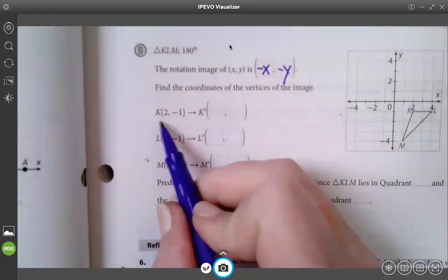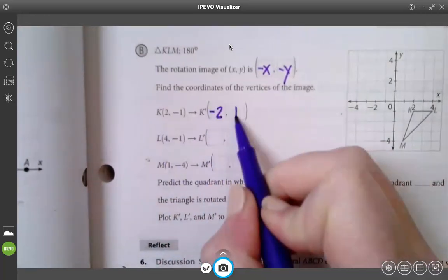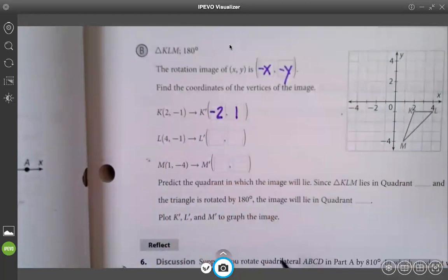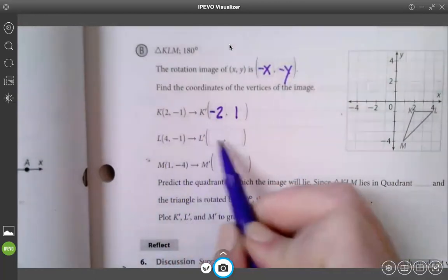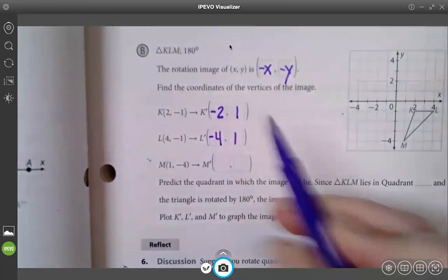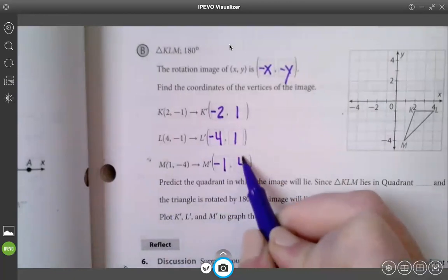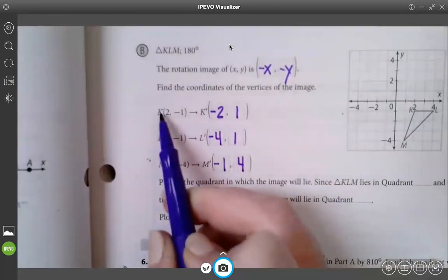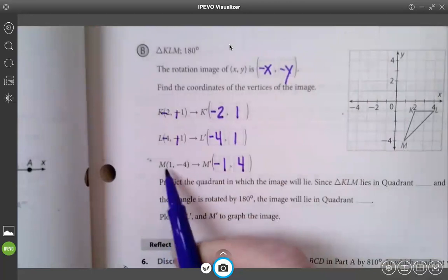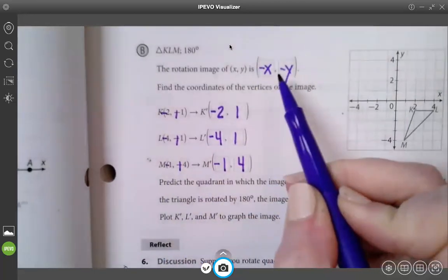So 2, negative 1 would become negative 2, positive 1. 4, negative 1 would become negative 4, positive 1. And 1, negative 4 is now negative 1 and positive 4. All we did was change the signs. Everywhere we had a point, we changed the signs because that's what our rule said to do.